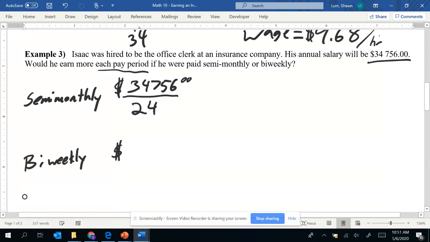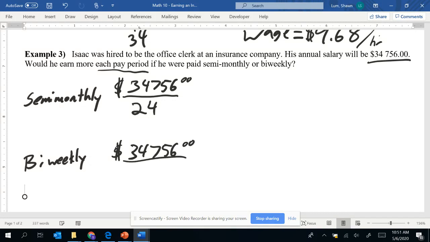Bi-weekly, he gets the exact same amount of money, but it'll be over 26 paychecks. So he's not making more money per year either way. He just gets more money per one. And if you know math, you can see that the 24 is a smaller number, so you kind of already have an idea of what the answer is going to be.